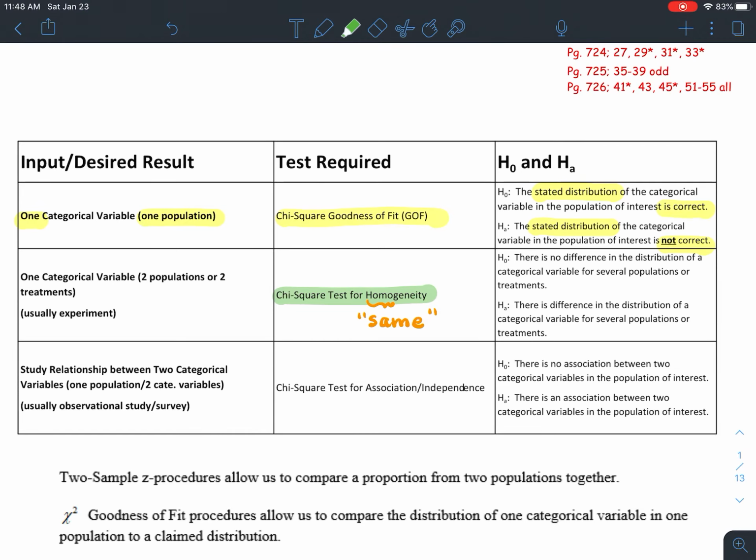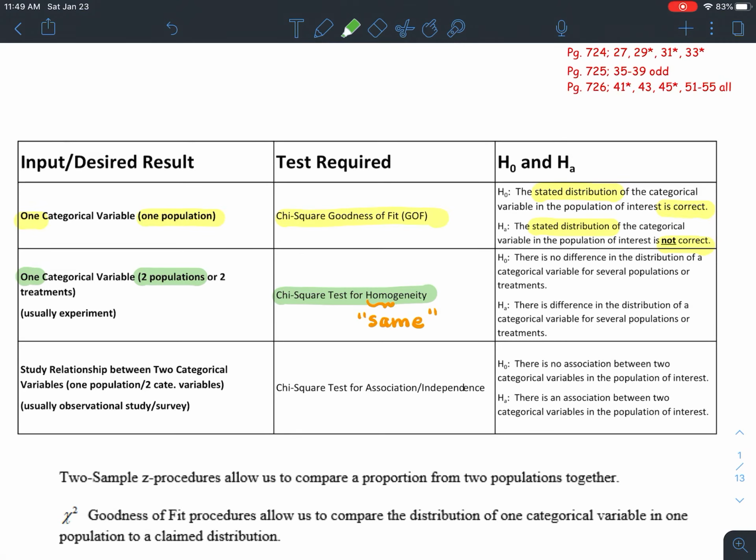What you're essentially doing here with this test is you're still talking about one categorical variable, but now you're seeing if that one categorical variable is distributed the same over two different populations. So now we're talking about two populations, probably two samples, versus just one sample out of one population.